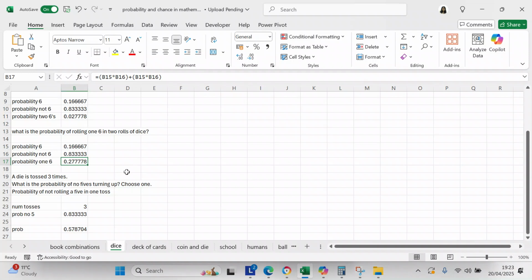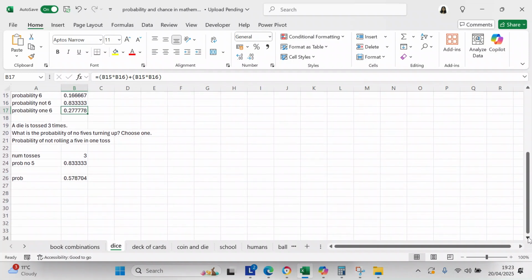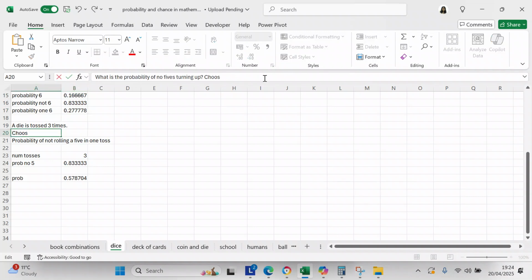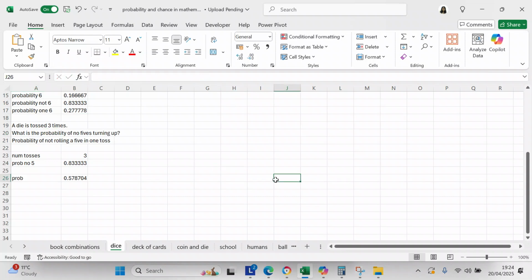Now we have the question of a die tossed 3 times. What is the probability of no 5s turning up? The probability of not rolling a 5 in one toss, so the number of tosses is 3.